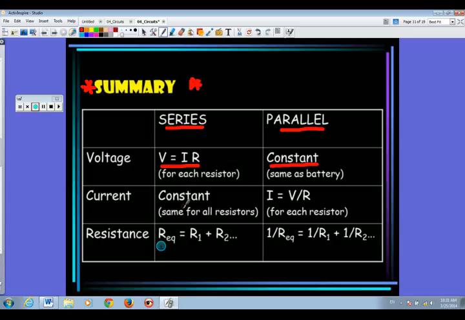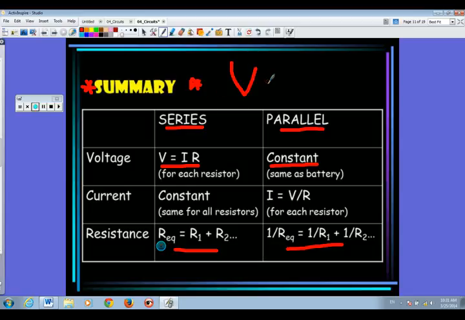The current is constant in series. The V equals IR for each resistor here. And then how do we figure the resistance? We add them up. We take the inverses. This is the most important sheet right here. You have to remember these fundamentals.